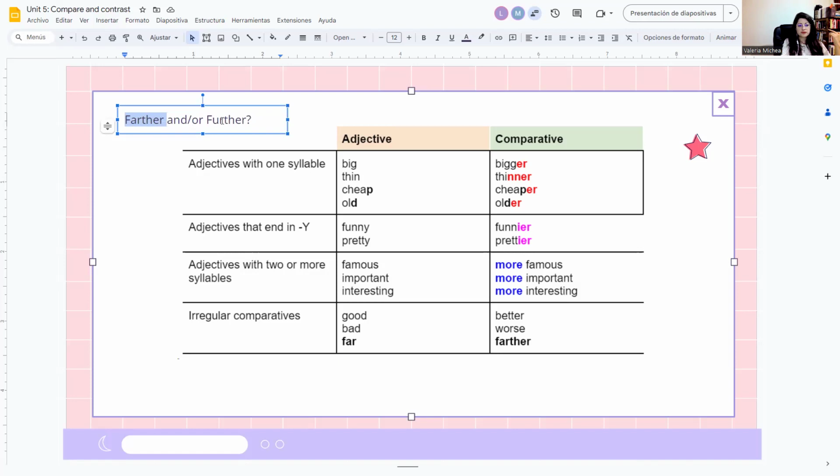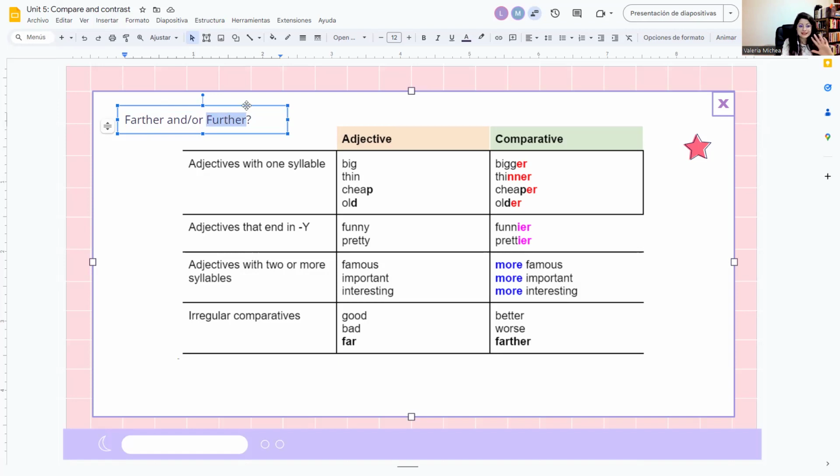Whereas when we speak of further with a U, we are talking about an abstract distance, if you wish. So the first one would be related to physical distance, whereas further would be related to an emotional distance, an abstract distance.